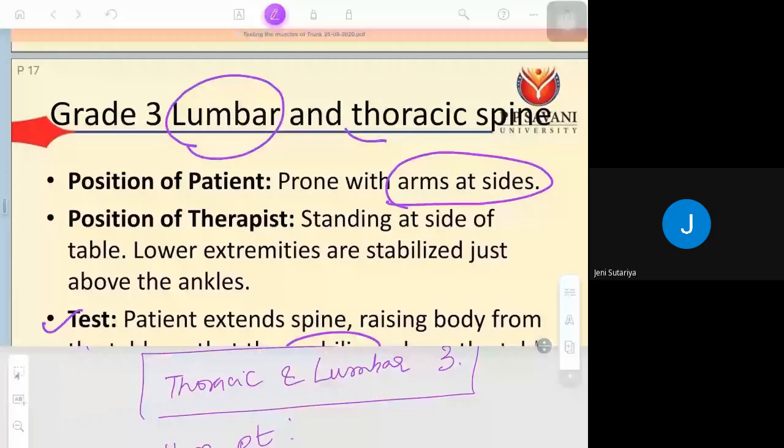You are checking both the lumbar spine and thoracic spine simultaneously. That you have to make it clear. 4, 5 you will test separately. But 3 to 1, there is no separate position for lumbar and thoracic. It is combined. You are checking both the levels. Just this you keep in mind.